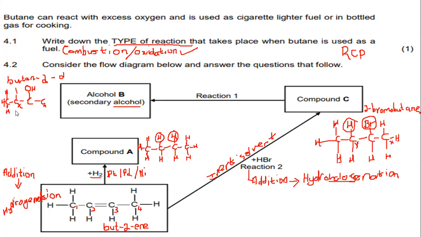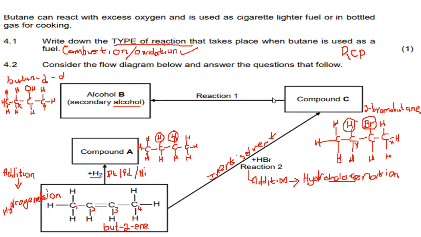Then I will put hydrogen there. Then this carbon is short of 1, I'm going to put a hydrogen. This carbon is short of 1, I'm going to put a hydrogen. This carbon is short of 1, rather, it was 3.